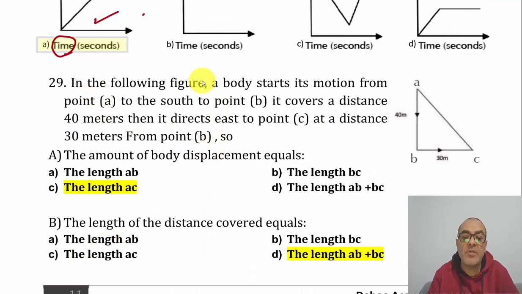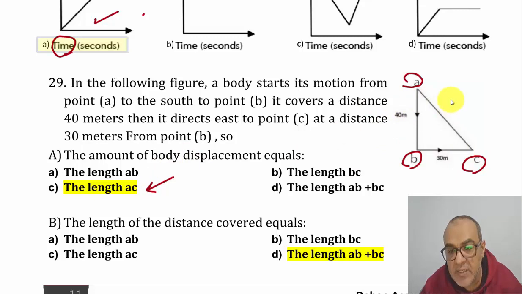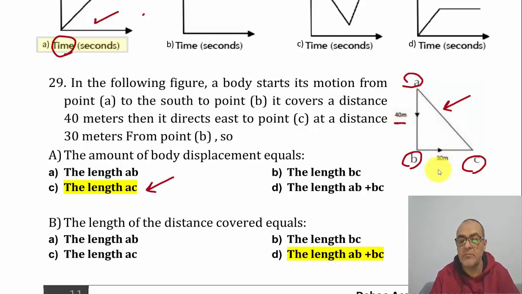In the following figure, a body starts moving from A, to B, and then C. Displacement is the length AC, we said the shortest length between 2 points. While the distance is the summation of 40 and 30, which means 70 meters.